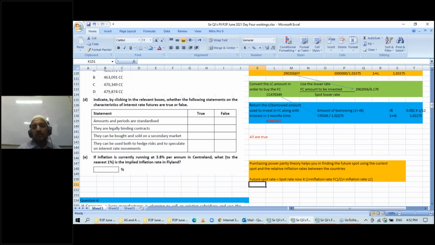Instead of the future rate, we'll be using the forward rate, as we do not have a future rate in this question. So we'll use the forward rate 6.321 is equal to the spot rate. The spot rate was 6.107.